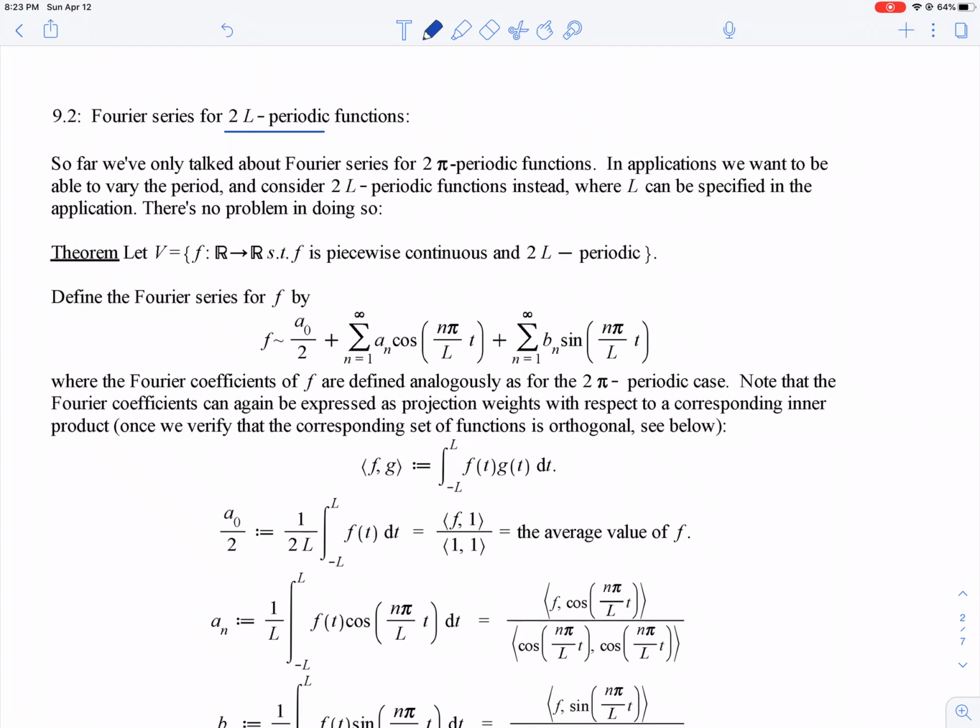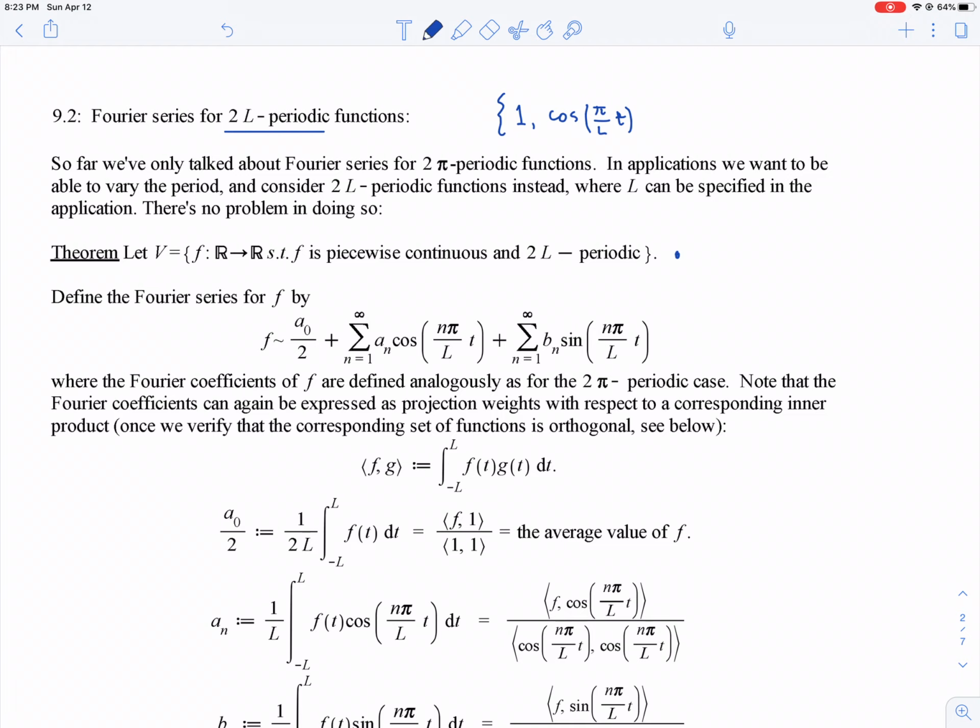So here is the Fourier series theorem. First of all, let's think about what the analogous functions are going to be. They're supposed to be 2L periodic. So 1 works. What's the smallest omega for the cosine function I can take? Well, as t goes from minus L to L, I want the multiple of t to go from minus pi to pi.